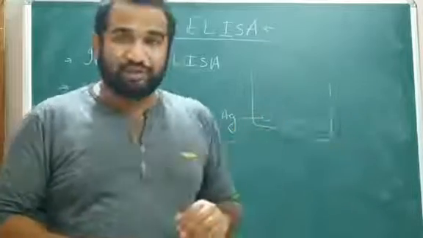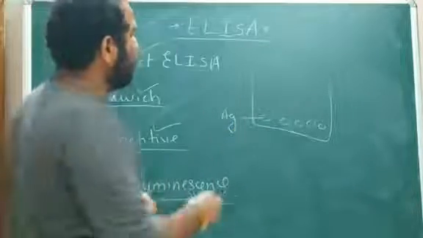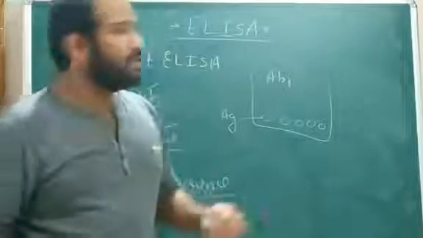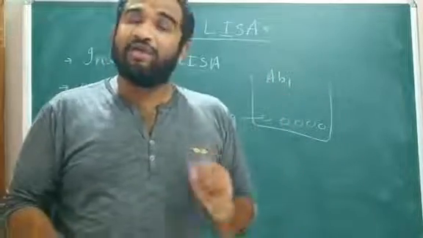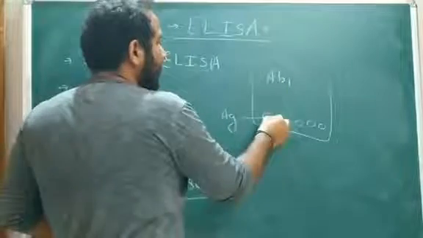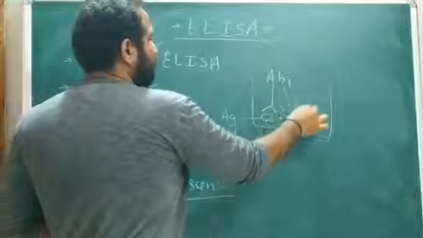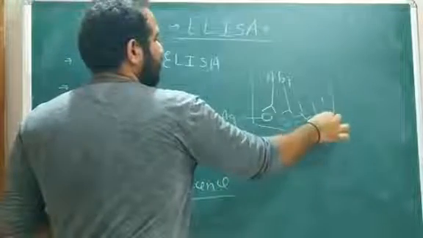To these antigens, what we are going to do is add the sample of the patient which contains the antibodies. We will now label these antibodies as AB1. So when there is antigen and the antibody comes, it is going to bind with that specific antigen.